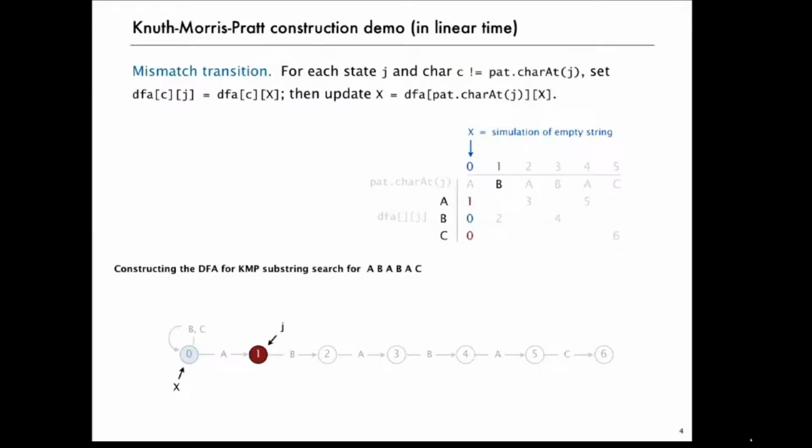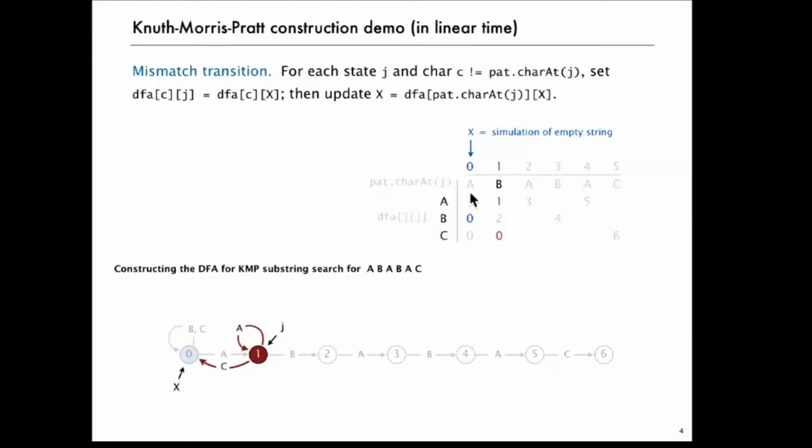So now what we need to do is fill in the mismatch transition for state 1. So what are they? They're what would happen if we found those characters in state X. If we found an A, it would go to state 1. If we found a C, it would go to state 0.